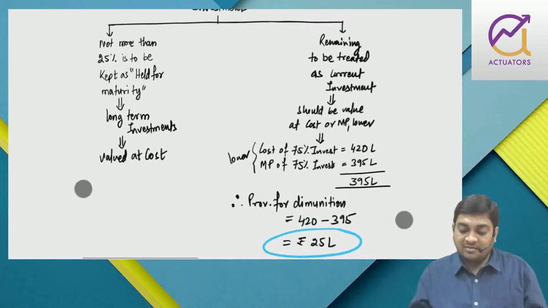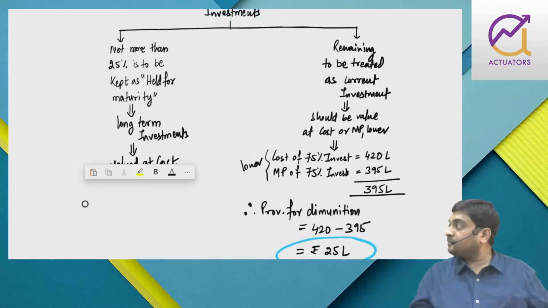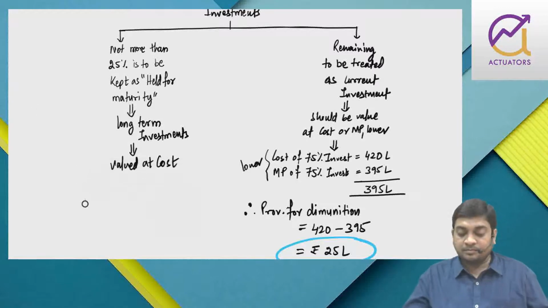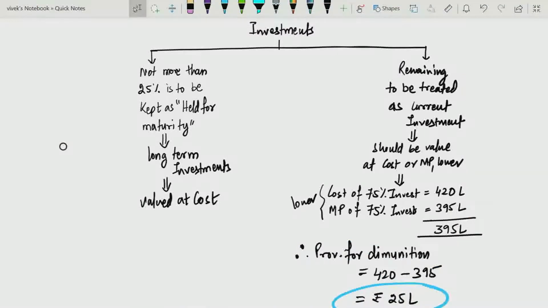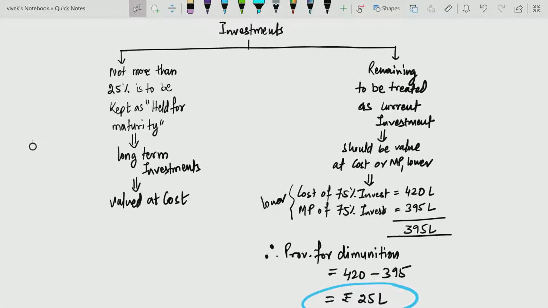This is very, very important. Not more than 25% is to be kept as held for maturity, right? So that is long term valued at cost, purchased at cost. So no difference. Remaining to be treated as current investment, valued at cost or market price, whichever is lower. So 75% they have given market value as well as cost.